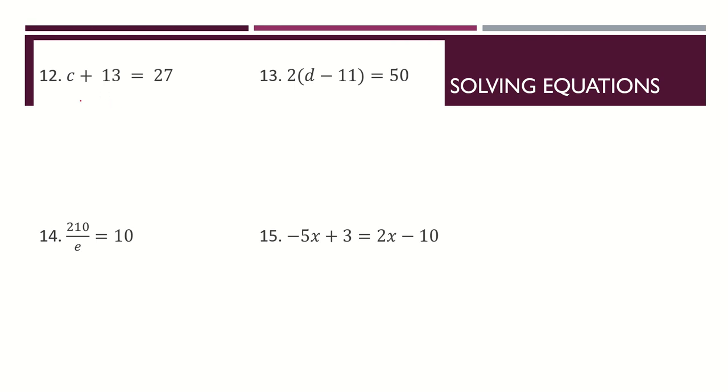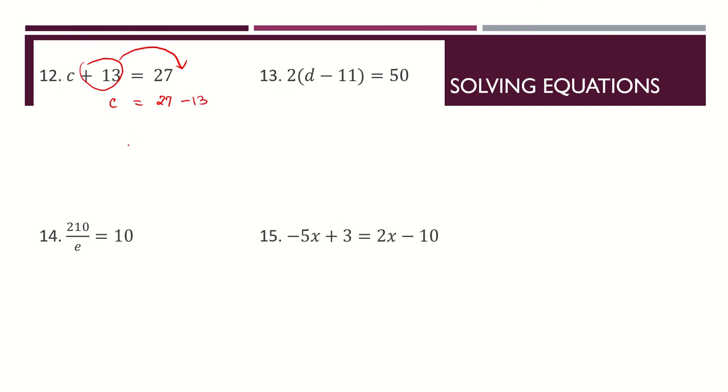For number 12, C plus 13 equals 27. We want the letter to be alone, so we isolate it on one side of the equation. This means we move 13 to the other side, via the subtraction property of equality. Our next statement will bring down the remaining terms, the ones we did not touch. Then, to change the sign of 13, it will become subtraction.